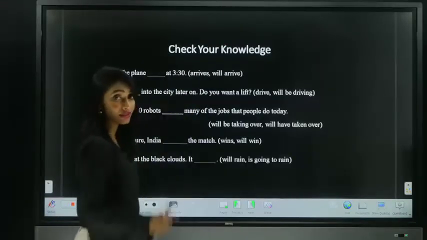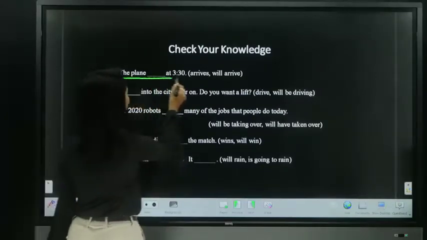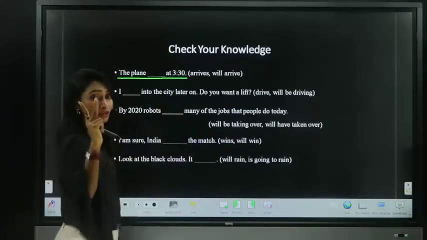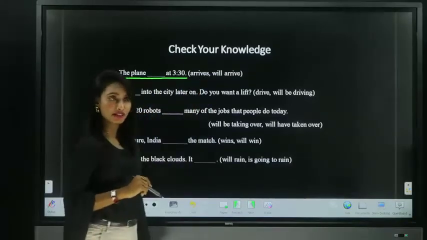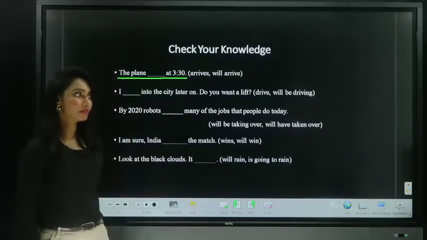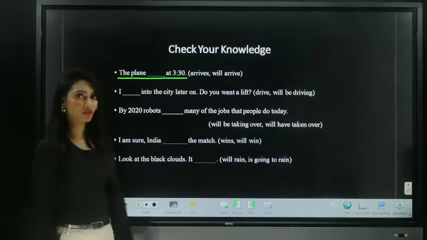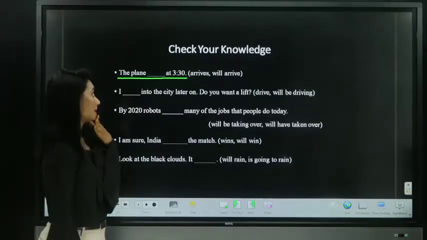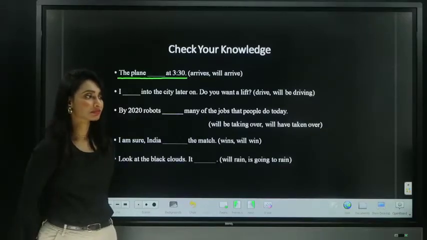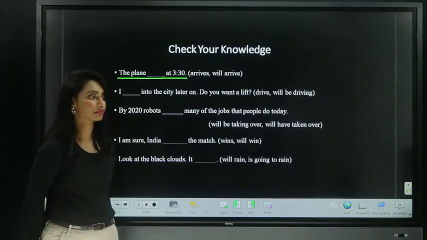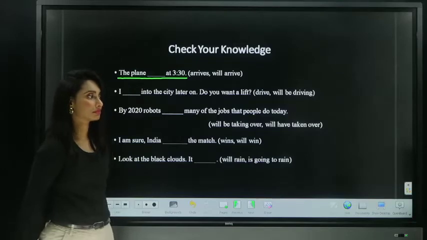Let's move on to the question here. Quick, answer with explanation. The plane dash at 3:30. You have been given only two options: the train arrives at 3:30, or will arrive. Quick. What is the right answer?